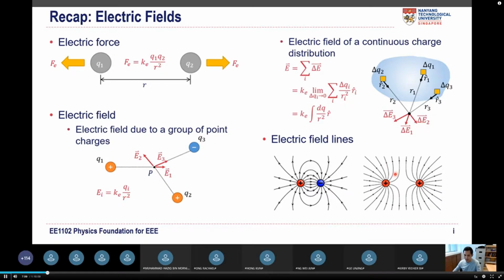If I go further out from this point, the lines spread out, so I have much lower density of field lines. That means the electric field is much smaller at that point. Whereas around here, the density of these arrows is very high, which means the electric field is high.